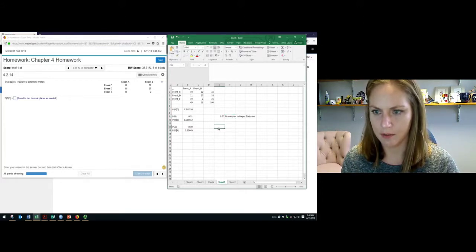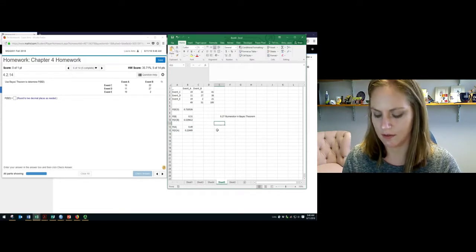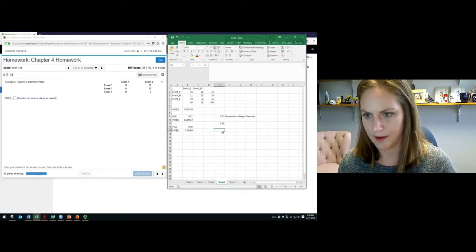The denominator is going to be this product plus this product. We already know this is 0.27 in the numerator. So we could say this plus this times this as our denominator.